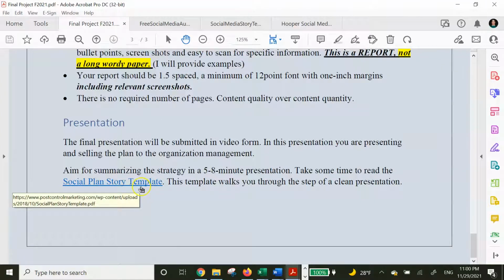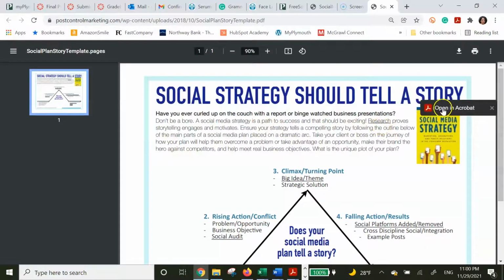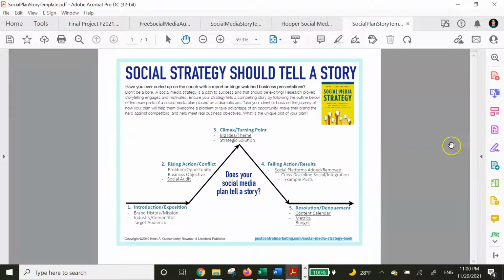I'm going to click on it right now because I didn't open it before. It basically tells you how to go about a presentation: how you introduce the presentation, how you explain the problem, then your solution, how you're going to execute it, and what you're going to do as a resolution.